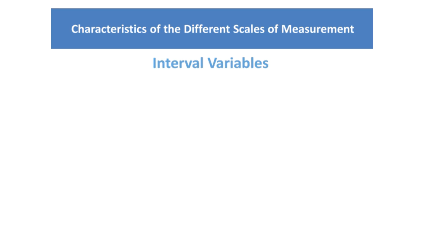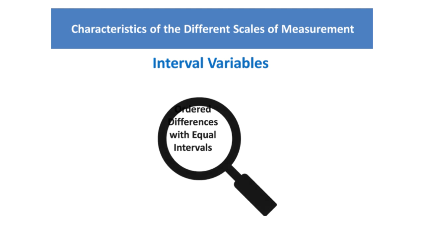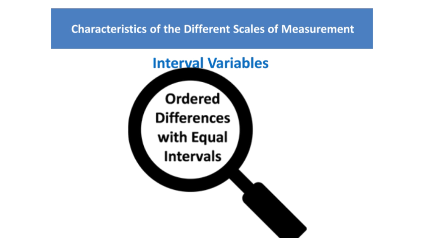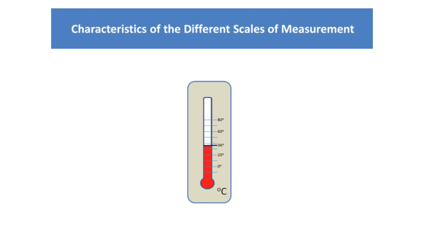The third level of measurement is interval. It builds upon the characteristics of ordinal data through the addition of meaningful differences between two numbers. That is, the distance between pairs of consecutive numbers is assumed to be equal. However, interval variables do not have a meaningful zero point. Thus, a zero does not mean the absence of an attribute, but rather is a particular, but arbitrary, point on the scale.